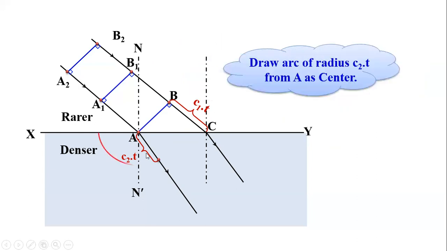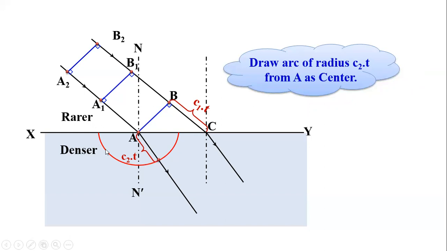Now we have to take this C2t as a radius. Take A as a center and draw this sphere. Now see, every point on this sphere and this point C are in phase. Why? Because the time required for the waves to move from B to C in the rarer medium and the time required from A to the circumference here is the same.